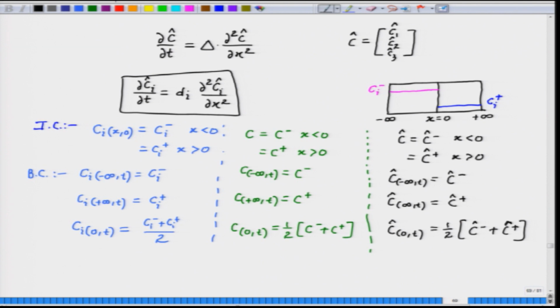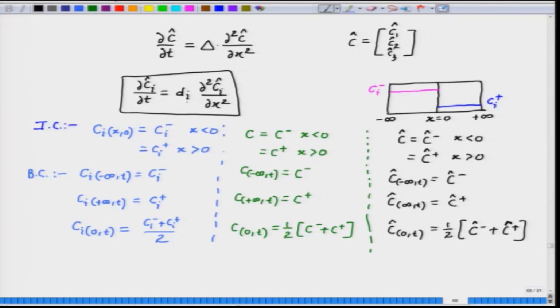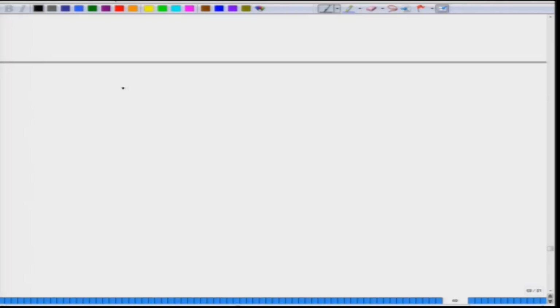Except that here the concentration variable is now defined in the new basis, the cap basis, and instead of the single diffusivity term that appeared earlier for binary diffusion, here what we see is small d i, which is the eigenvalue of d tilde. Now, we know the solution for this, right. So, we have derived the solution for this.